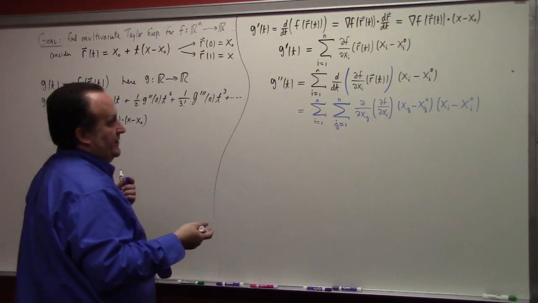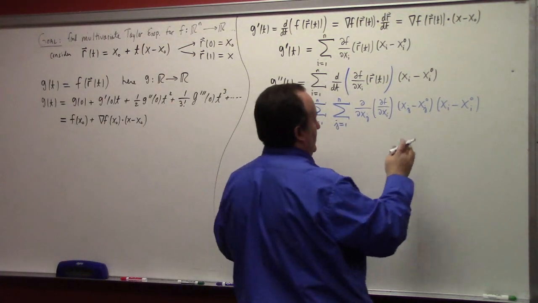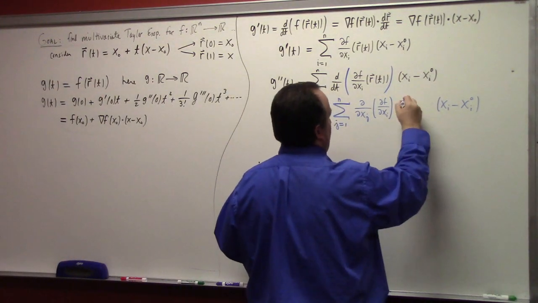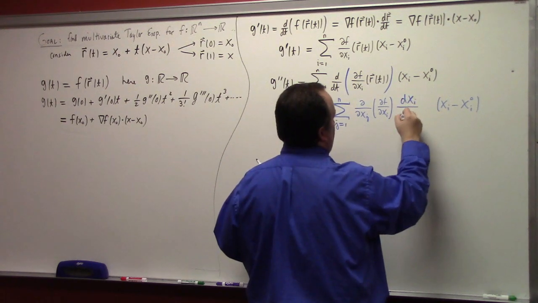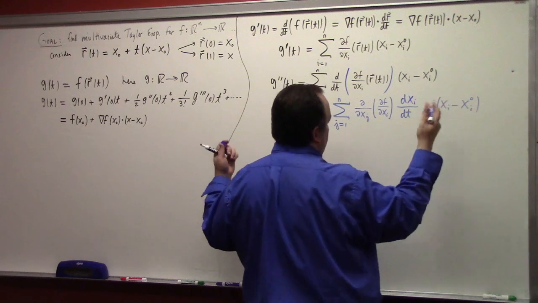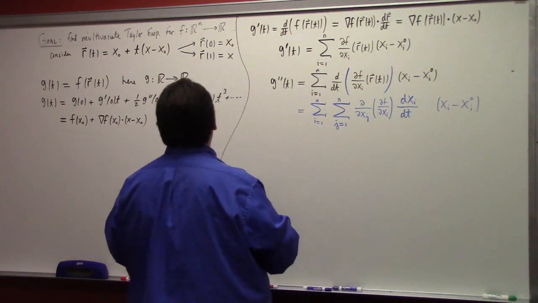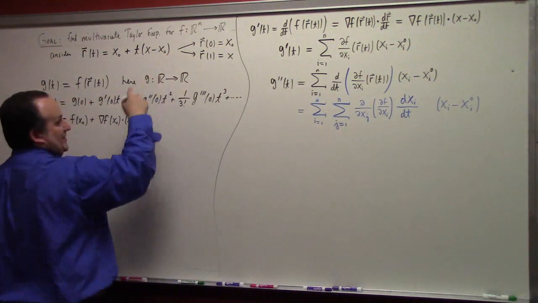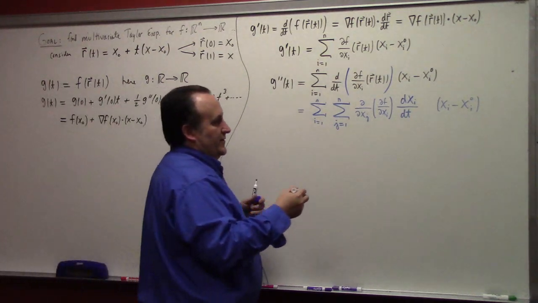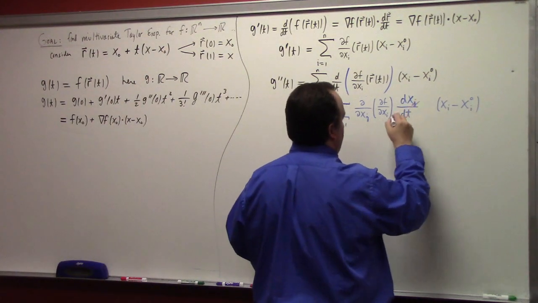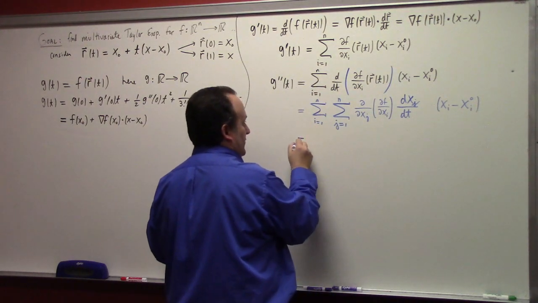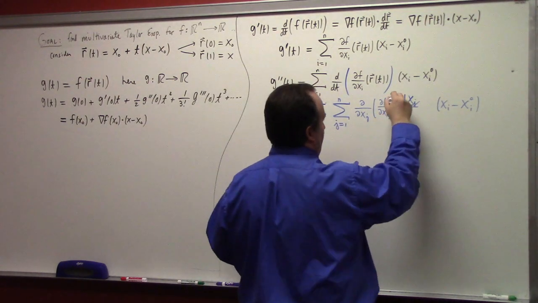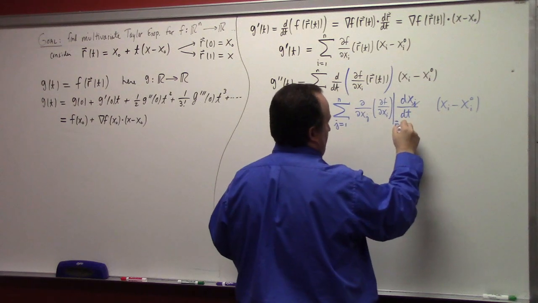If you like, of course, I could make another step here. I could say, well, that's really dx_i/dt, and dx_i/dt is, that's a j rather, dx_j/dt. Anyway, cleaning it up a bit, and of course this is evaluated at r of t.